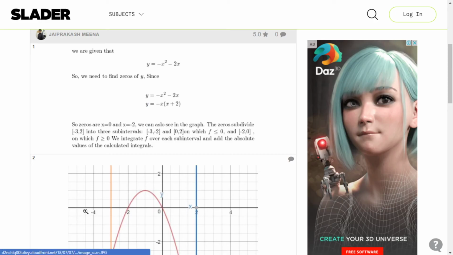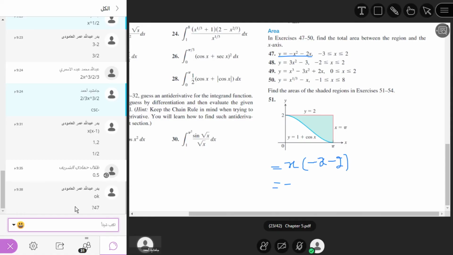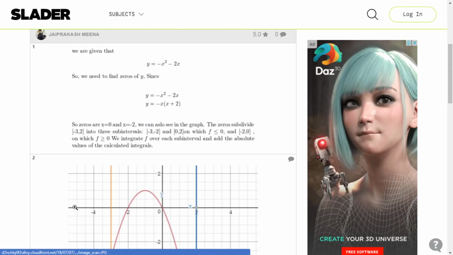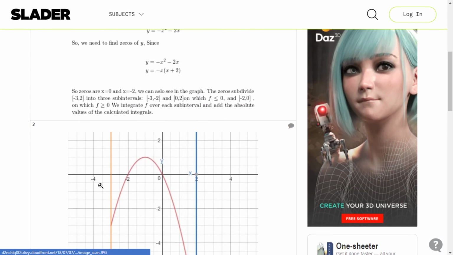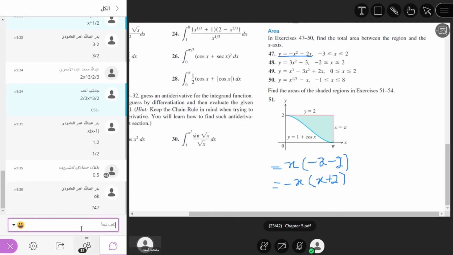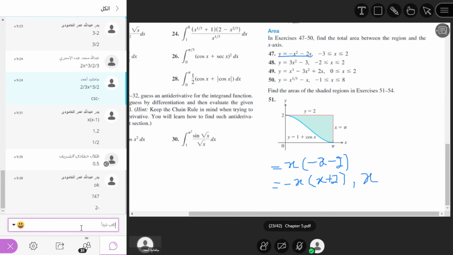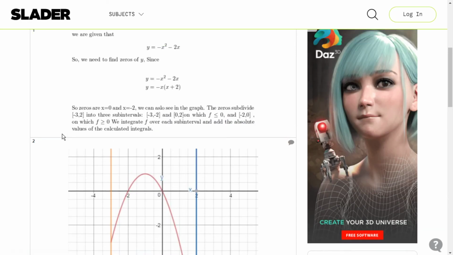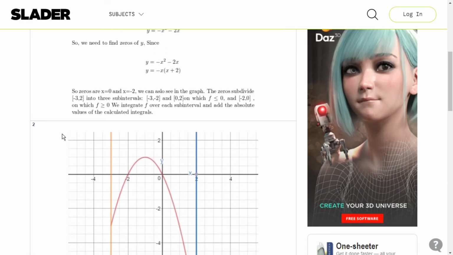If we take minus as common, it is minus x outside, x plus 2. So we have just 2 points: x is equal to 0 and x is equal to minus 2.